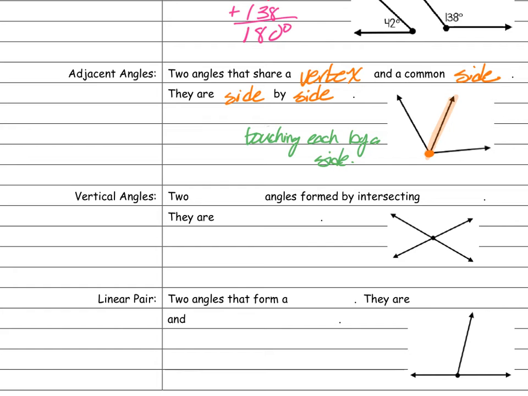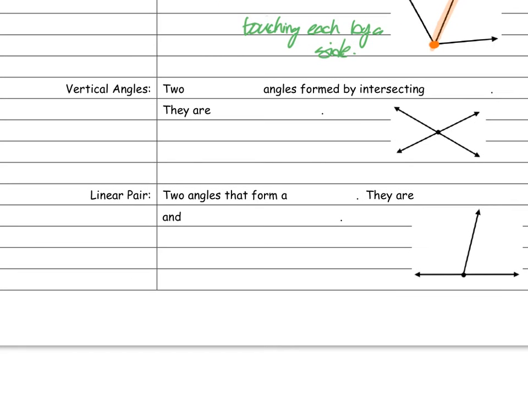Our next one is called vertical angles. Vertical angles are two opposite angles formed by intersecting lines. They are congruent. We're going to talk about a few of these words.